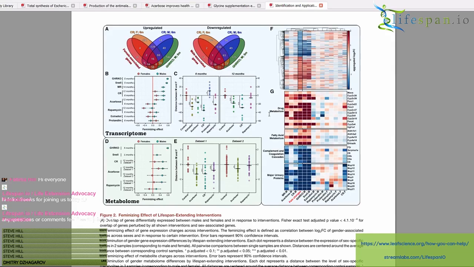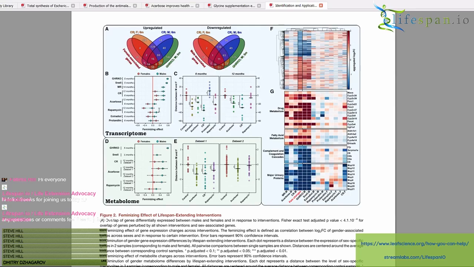But if you look specifically, it turns out it's not a real biomarker, because, for example, protandim extends lifespan only in males, but in males you can see a lower feminizing effect than in females. For rapamycin, you have the opposite picture. It works mainly in females, but in males it's more feminizing. So there is no consistent dependence, I would say.